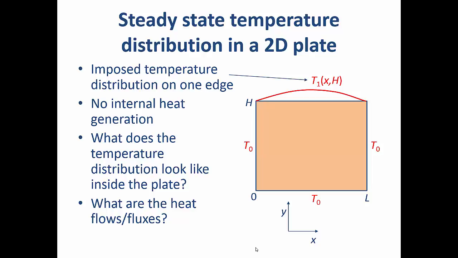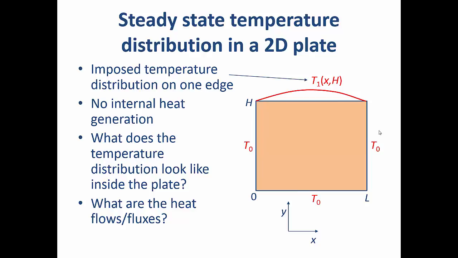So that's the basic equation that we would try and solve in 3D. And what I want to do now is to start to consider a problem for a steady state temperature distribution, but I'm going to actually do this in 2D. So thinking effectively of a thin plate that's a uniform temperature through its thickness, and that essentially has some imposed temperature distribution along one edge, and all the other edges are at some initial temperature which we will call T0.